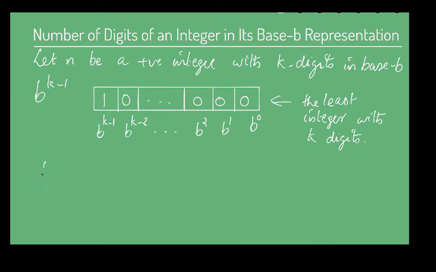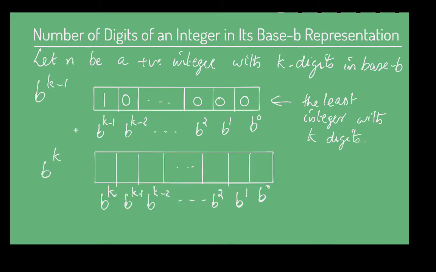Similarly, we can see that b raised to k can be expressed as 1 0 0 ... 0 0 0, which is the least k plus 1 digit integer in base b.